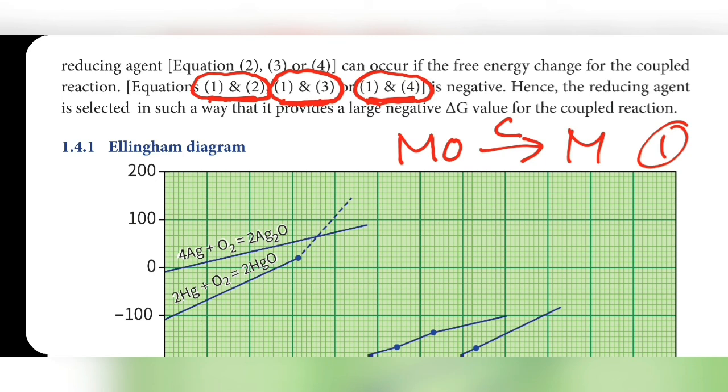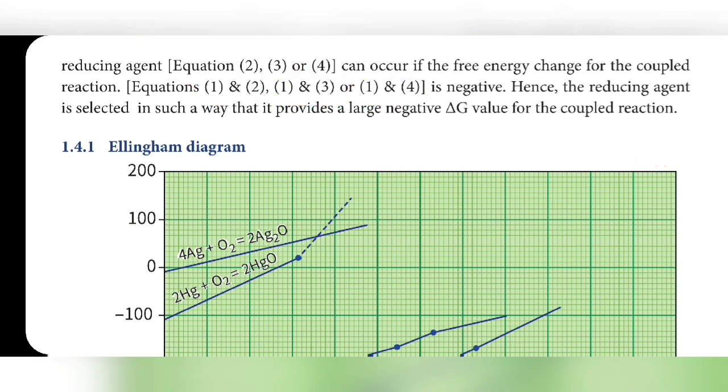Among these 3 sets of coupled reactions, which one has a negative value, that is, is spontaneous? For each reaction, one delta G value is there. You have to couple the delta G values of equations 1 and 2, and like that couple the other two pairs.